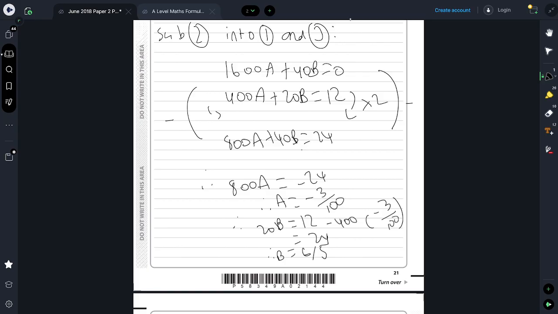Cool. Okay, so I'm going to check the mark scheme just to see where the marking points come from. Okay, that's interesting. They really jumped the gun in the marking scheme. Perfect.